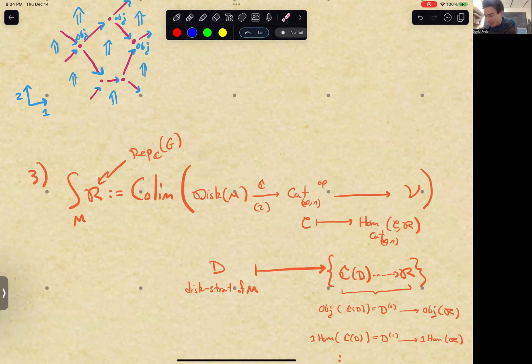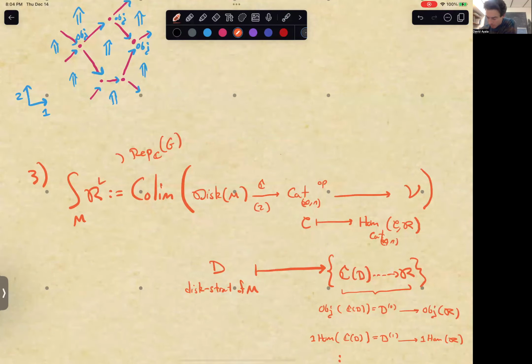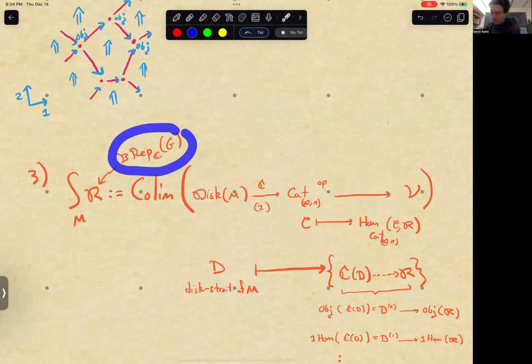That was a bad example for me to throw out there because it's a one category, not a two category. But it's okay. So that basically means that in that stratified picture, you want to say that G acts everywhere.